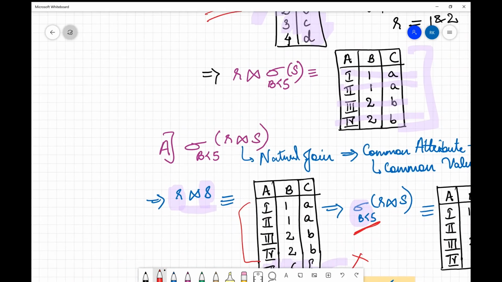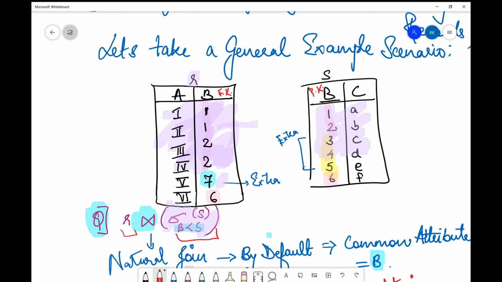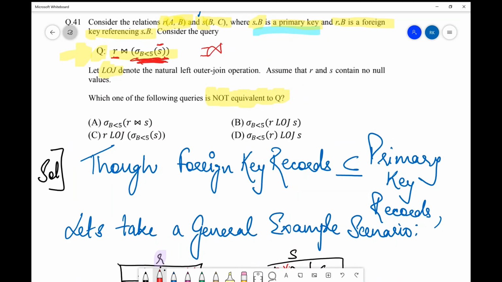So probably in that case, the question should have been to come up with just one single answer. The question should have been which one of the following queries is equivalent to Q. In that case, the answer would only have been this A part.